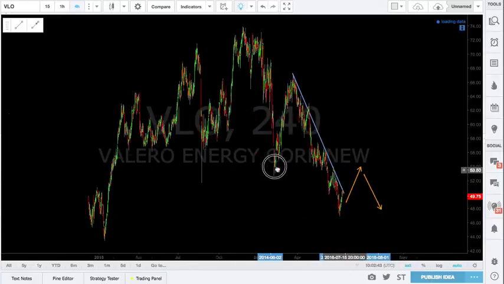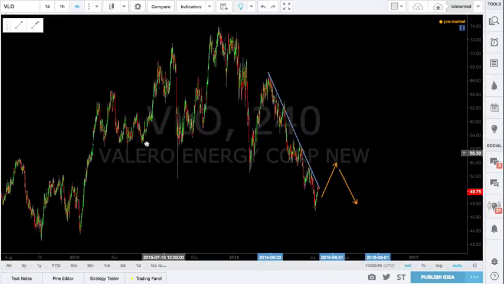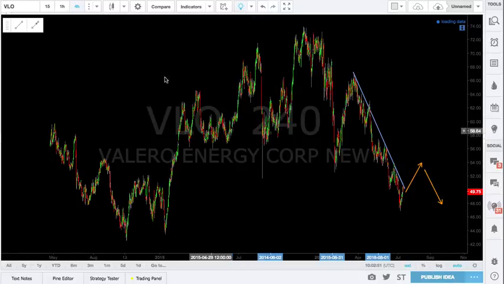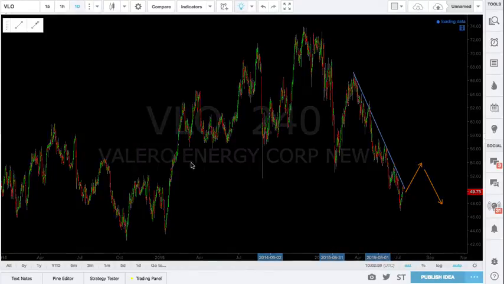So I think there's a bit of risk with this one, that it's not going to, it's this line here would be potentially where it bounces off. So let's just have a look on the day.